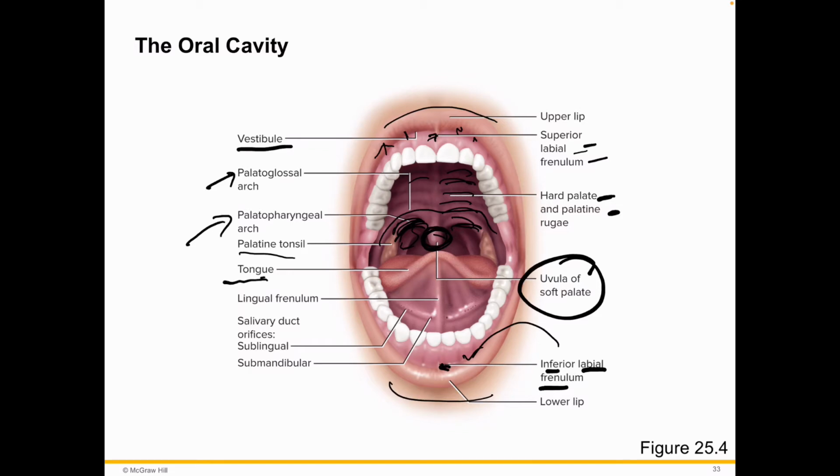And the tongue is the large, quite dexterous muscle that is moving around through the mouth. So that's helping you breathe, it's helping you talk, it's helping you swallow, it's helping you mash up food, all that good stuff. A frenulum again exists here on the tongue, right? That nice little piece of connective tissue that's going to keep us connected to the base. Salivary ducts and orifices, right? So if you look right at the bottom of the tongue, this is where a lot of these ducts open up.